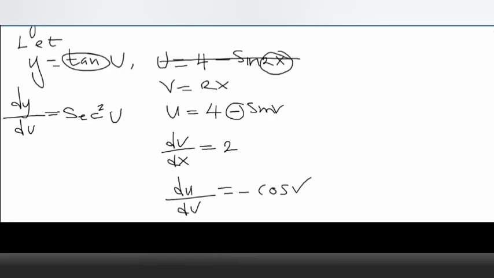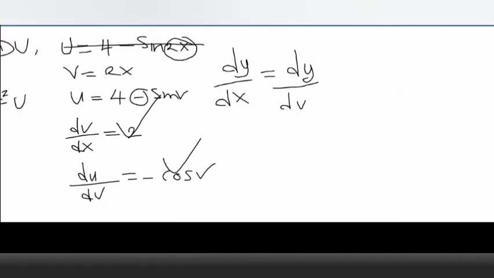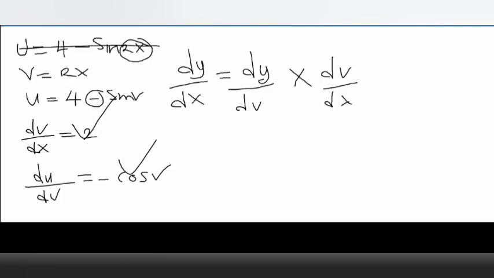So how many derivatives do we have? We have this one, and this one. So to find the dy dx using the chain rule, we're going to say dy dx and then multiply all the derivatives that we have. So the first one, it is dy du. Then the second one, it is du dv. Okay.